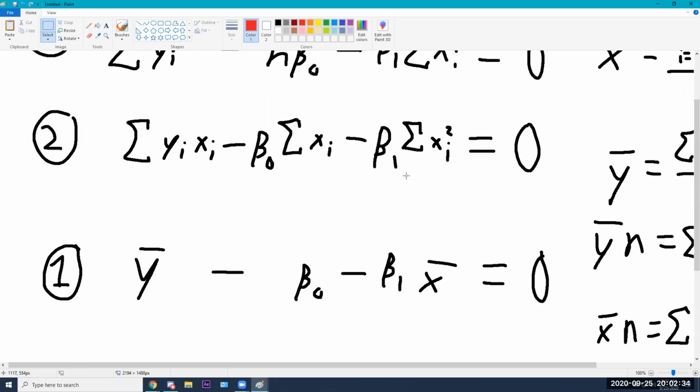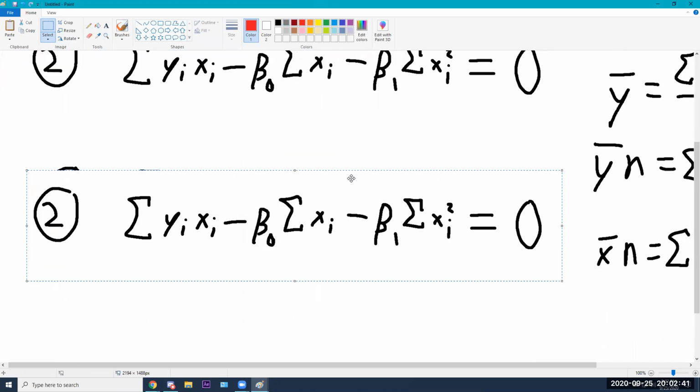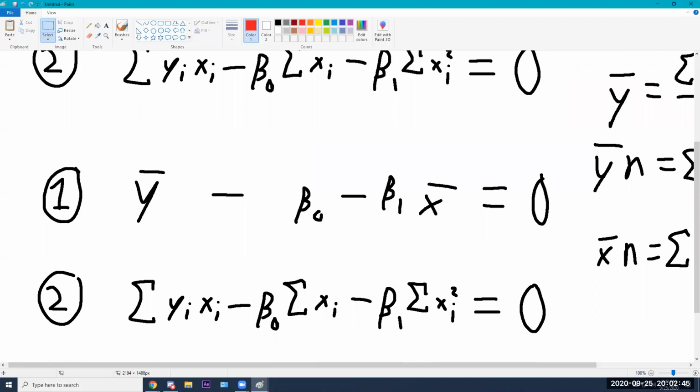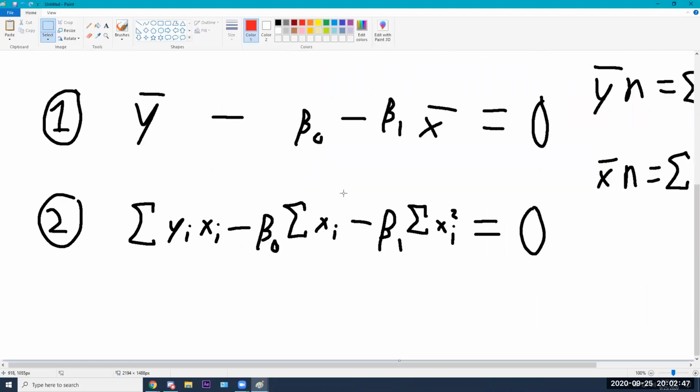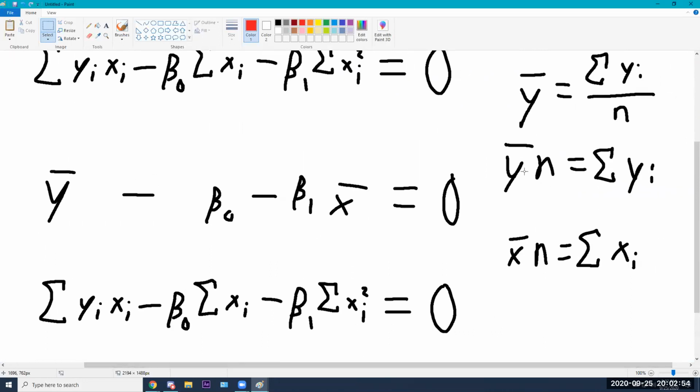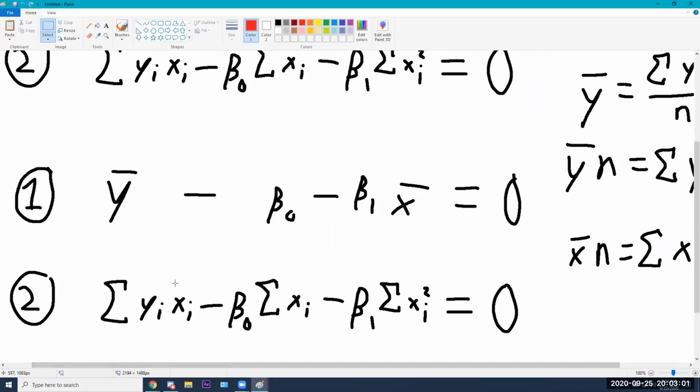And now let's do the same thing for equation 2. Actually, we're only going to be doing it to this one in particular, only this one right here. Because we can replace these sum of yi's and sum of xi's with y bar and x bar, but this isn't yi or xi, it's yi times xi, and we don't have an equation for that.